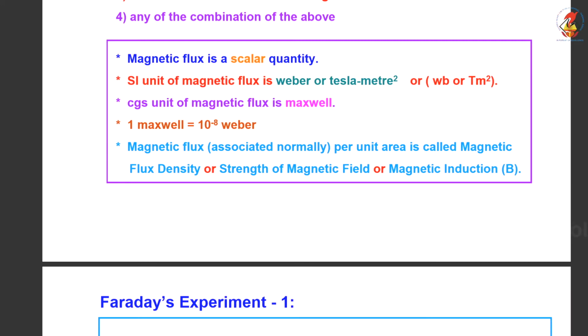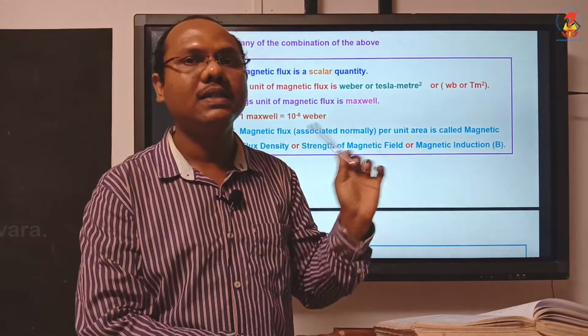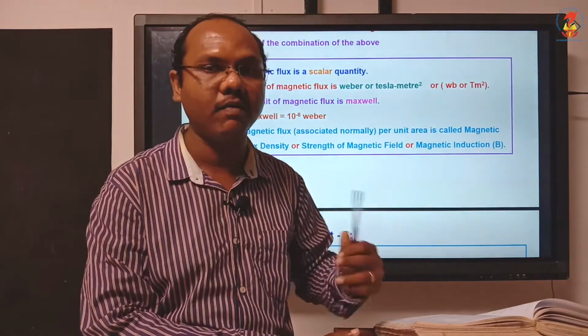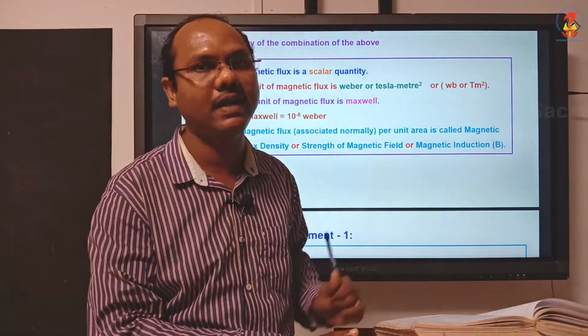Magnetic flux per unit area, that means phi by A, is called magnetic flux density or strength of magnetic field or magnetic induction. Remember these three names: magnetic flux density, strength of the magnetic field, magnetic induction. All these three represent the same thing, which is capital B, our magnetic field itself. These are the different names.